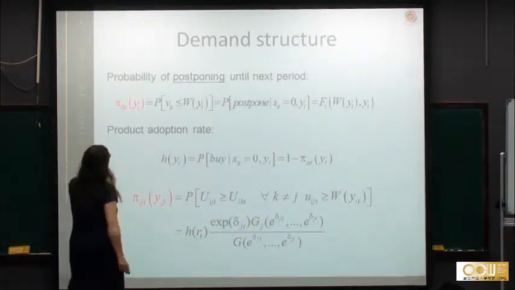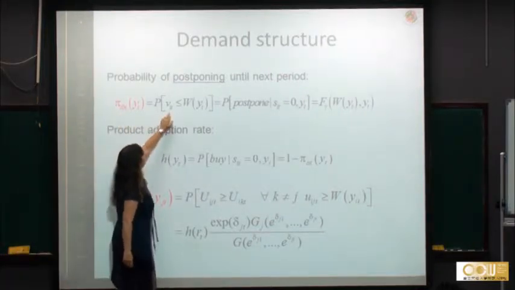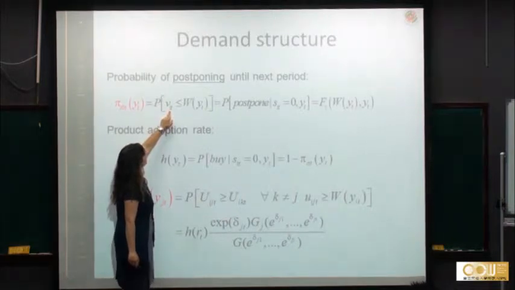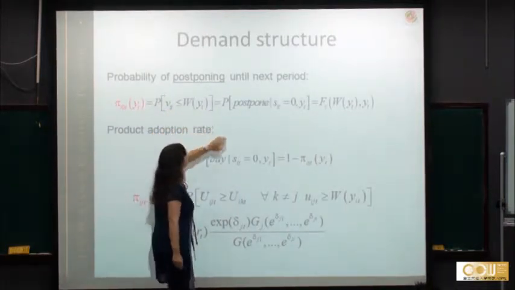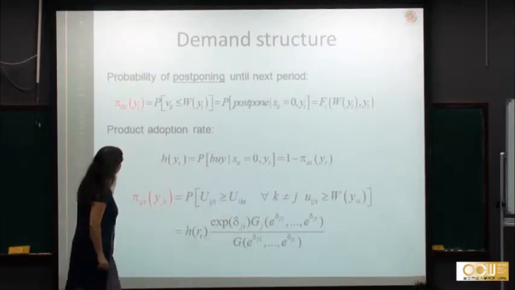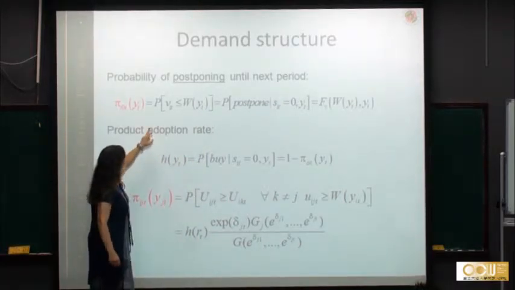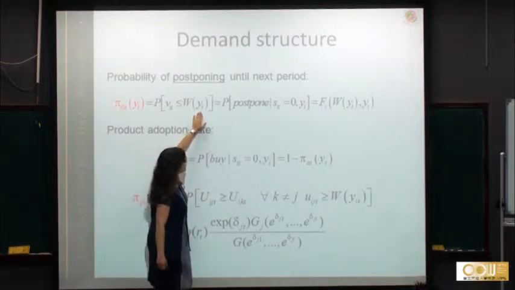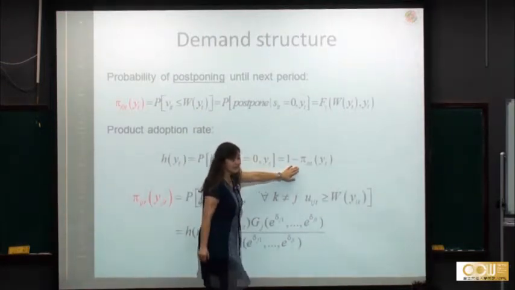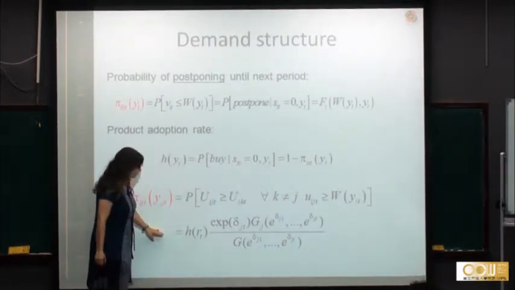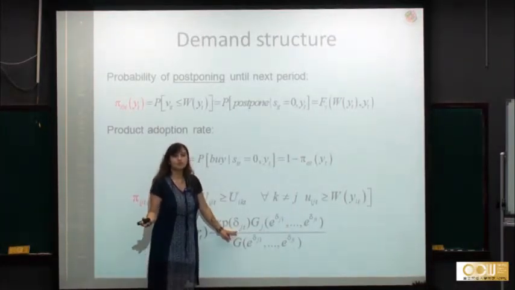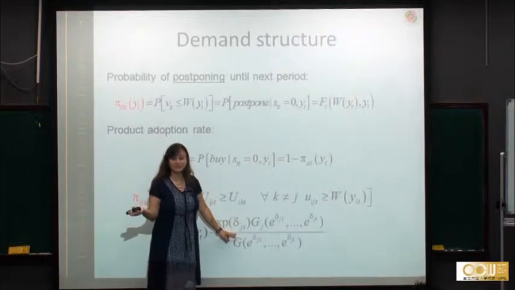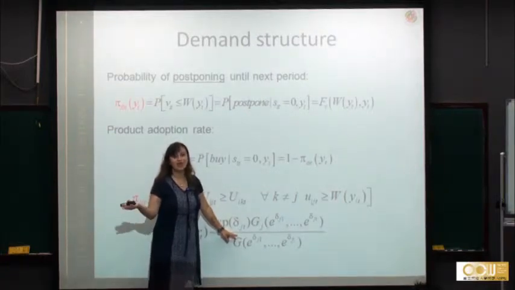Once we calculate the probability of not buying, meaning that the utility of buying is less than the reservation utility, you postpone. And given that, you can calculate the probability of buying, and then you multiply the probability of buying by a logit in which you can choose which alternative you prefer, right? Which car.